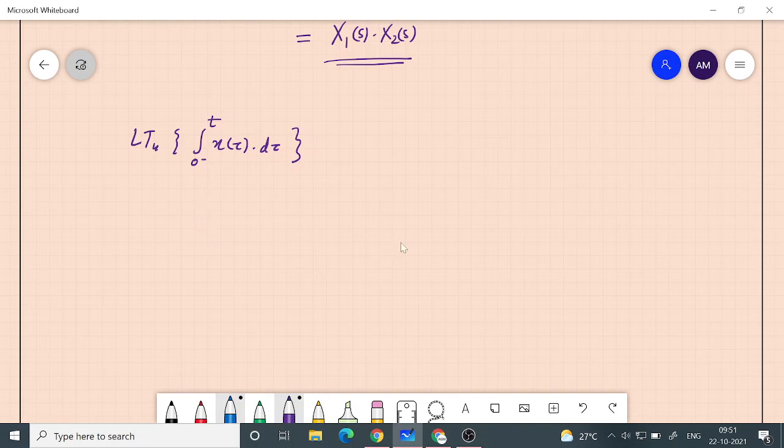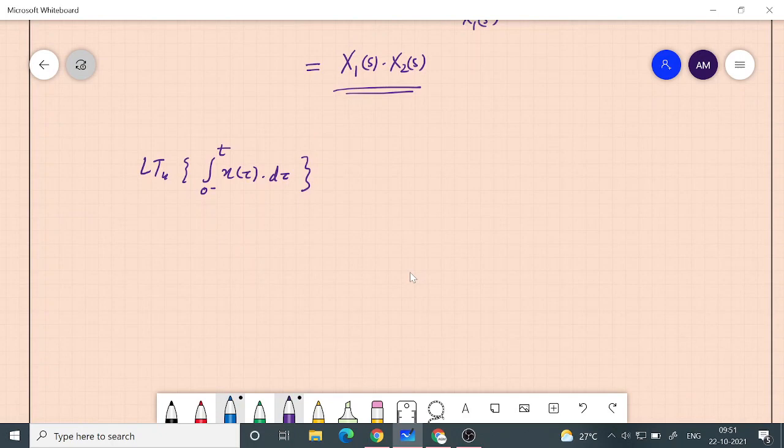So find this, given that x of t has Laplace transform X of s. Okay, so it is not x2 of t, just x of t.